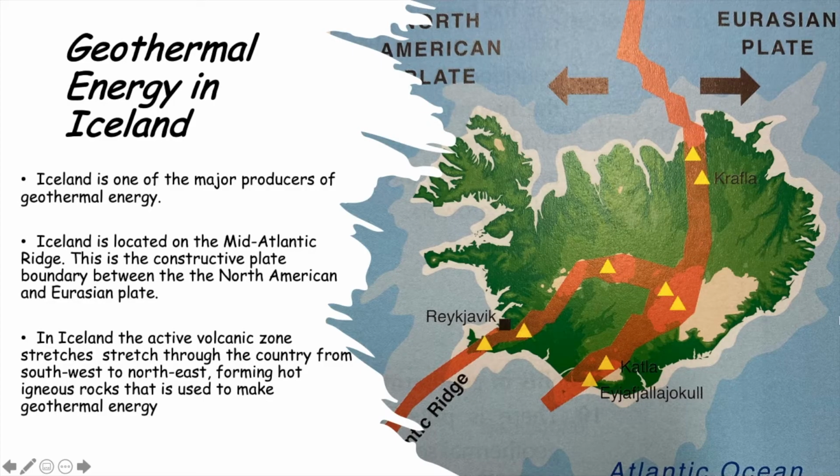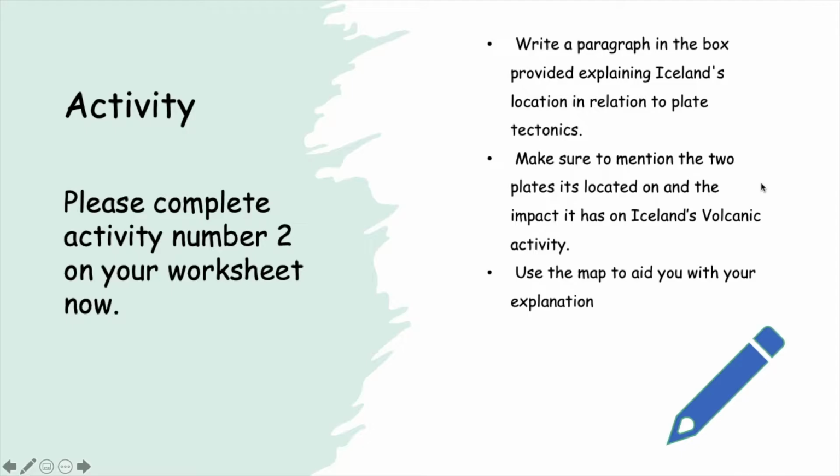I provided this map here on your worksheet, so use that map to help you create an explanation of Iceland's location in relation to plate tectonics and volcanic activity. I am going to give you 3 minutes to do this activity. So Miss Summers is going to pause the video now when I finish talking. You're going to have 3 minutes to do this activity, and then we'll come back and make sure you have it written down correctly. So Miss Summers can pause the video here now.